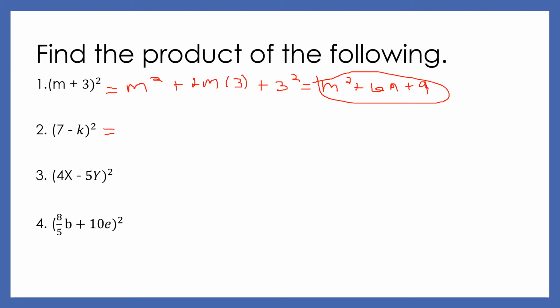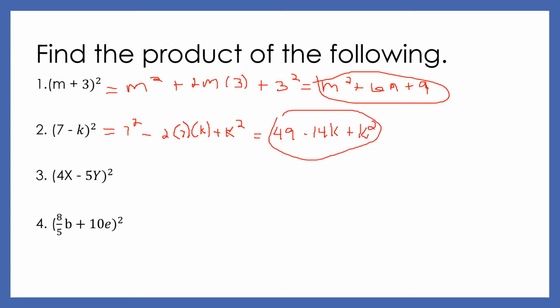For the second, we square the 7, so 7 squared, minus 2 times 7 times k plus k squared, equals 7 times 7 is 49 minus 14k plus k squared. Okay, so that is our final answer.